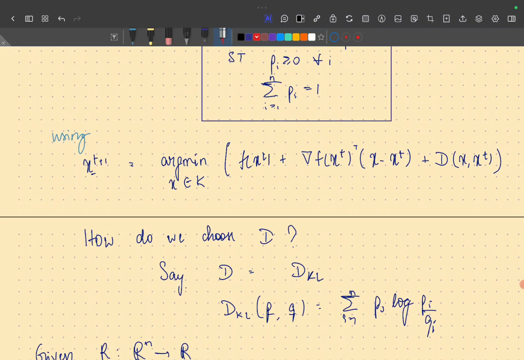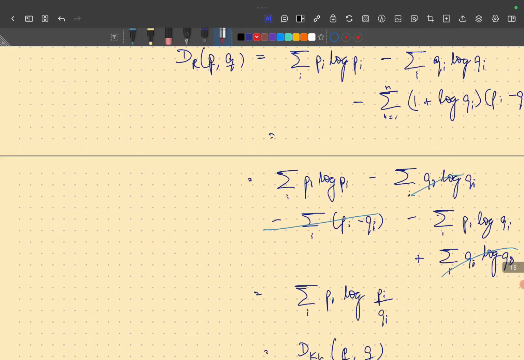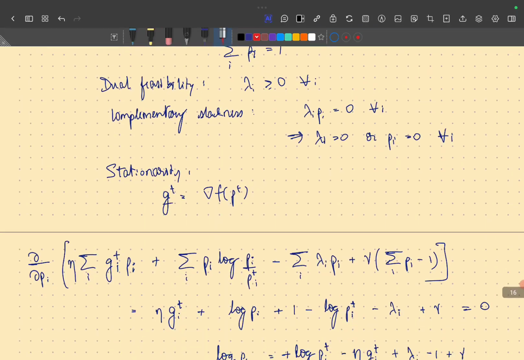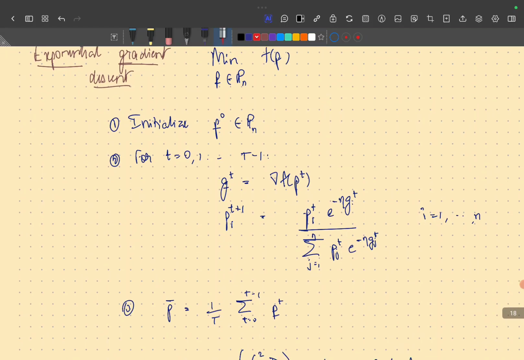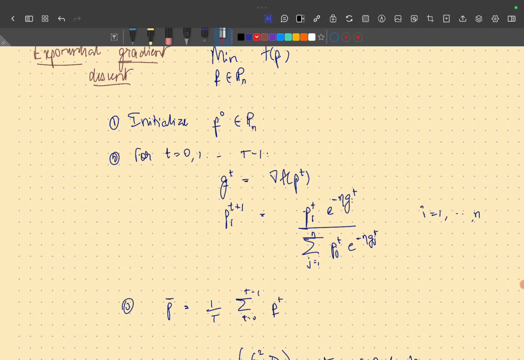But if we took the divergence term D to be the KL divergence, we got a different algorithm, which works as follows: you find the gradient, and then you take e to the power of something times the gradient and then normalize it. So we got this so-called exponential gradient descent towards the end of last class.